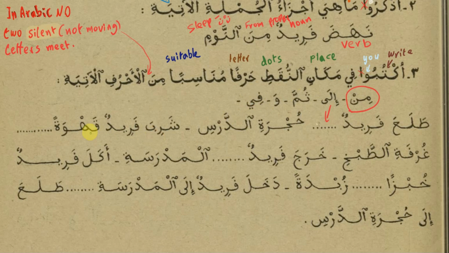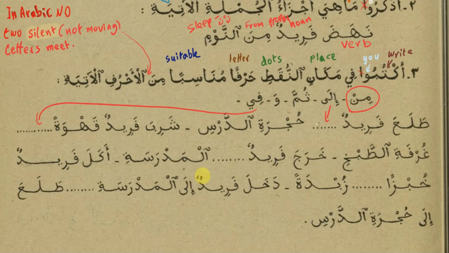So شرب فريد قهوة في غرفة الطبخ. Farid drank coffee في غرفة الطبخ, in the cooking room or in the kitchen. So Farid drank coffee in the kitchen.